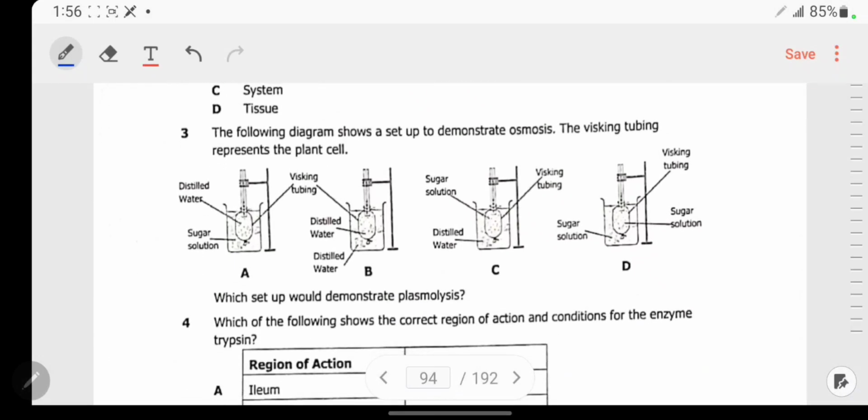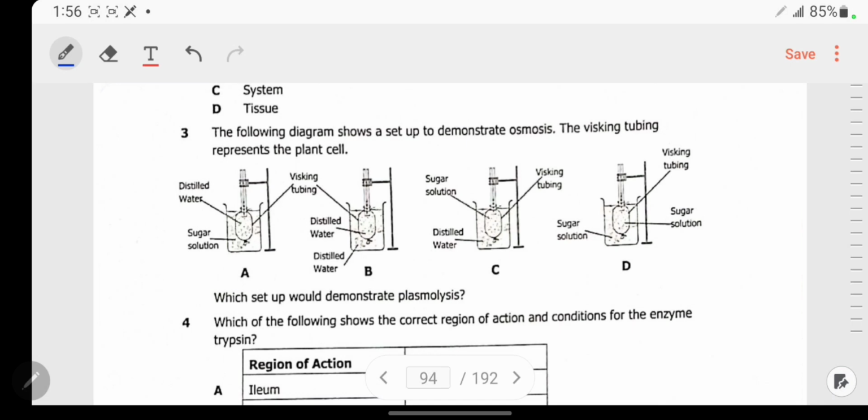For question 3, we have the following diagram shows the setup to demonstrate osmosis. The visking tubing represents the plant cell. Then we are asked which setup would demonstrate plasmolysis. Now, plasmolysis, we should understand that it is the process by which water moves away from the plant cell.